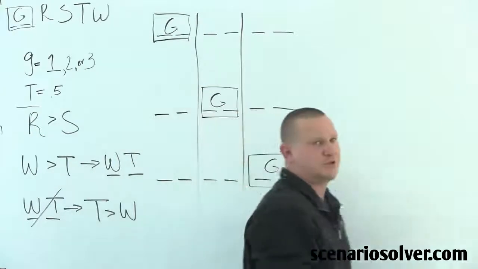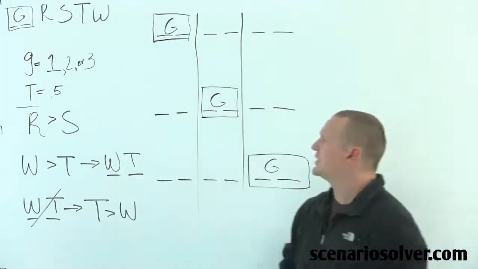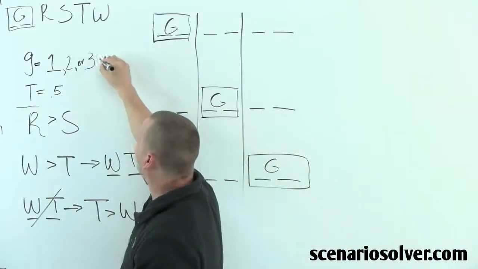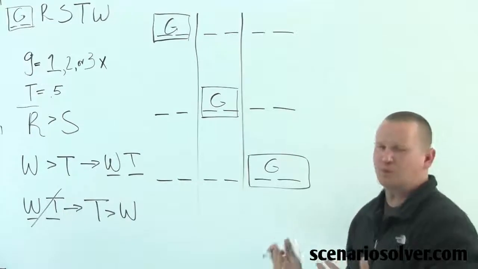That's the only locations that G can be. Okay, so we've got 3 spots for G. We've dealt with this rule. This rule is done. Okay, let's look at what rule we should apply next.